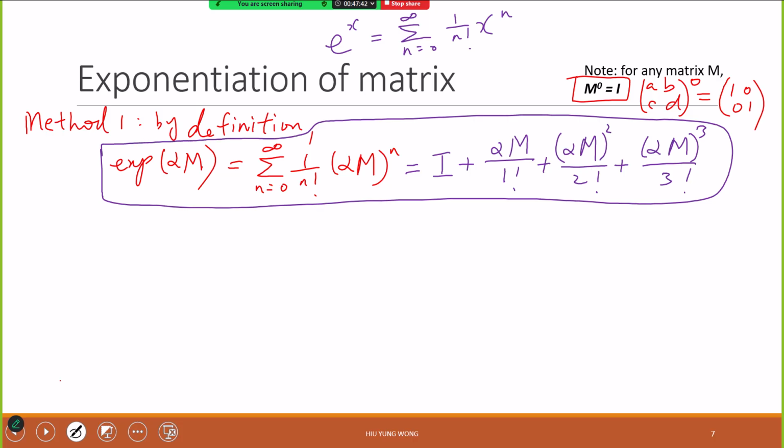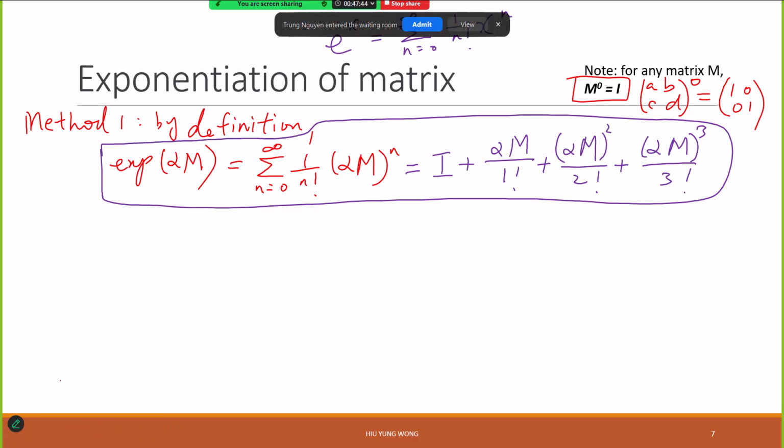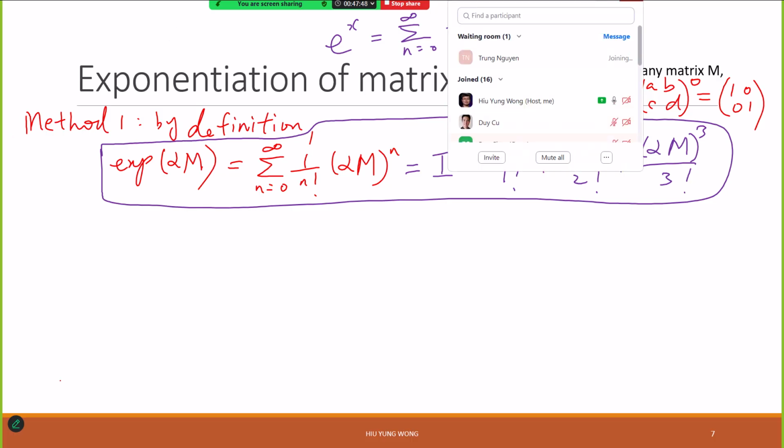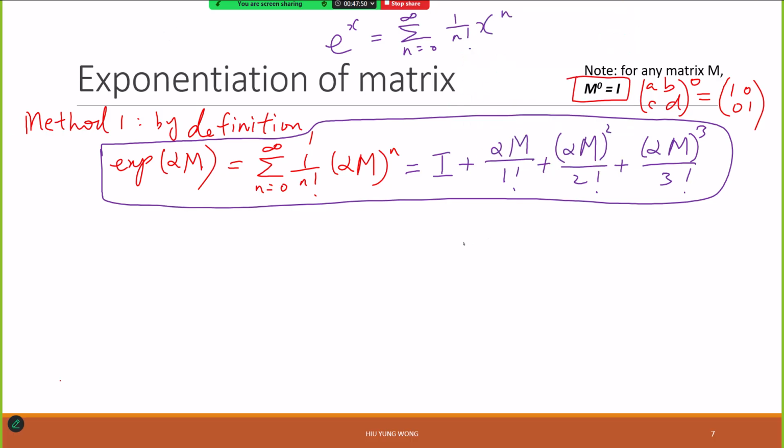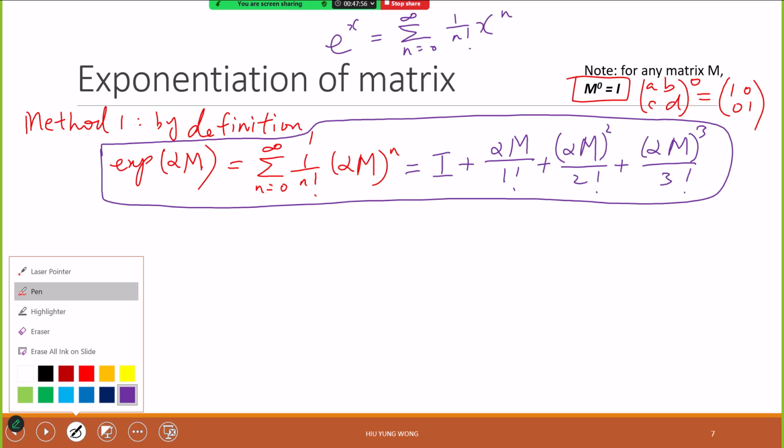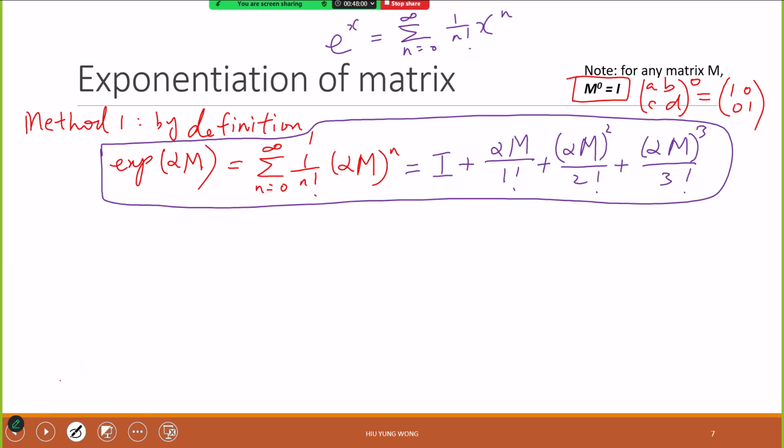But of course, you need to calculate all the way to infinity. And this actually will make things more difficult, right? If you calculate all the way to infinity, unless you can find some trend or analytical equation. Okay, but let's first look at case 1.